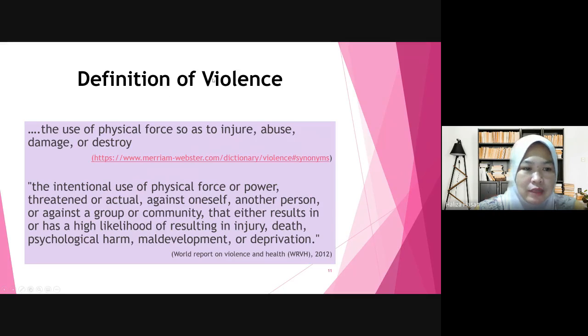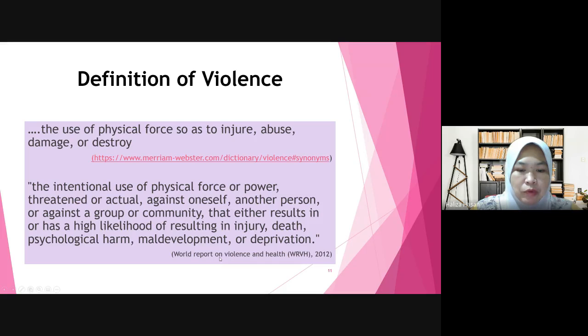Definition of violence: the use of physical force so as to injure, abuse, damage, or destroy. So when we talk about social violence, or violence itself, it is using force that can cause injury, damage, or destruction.